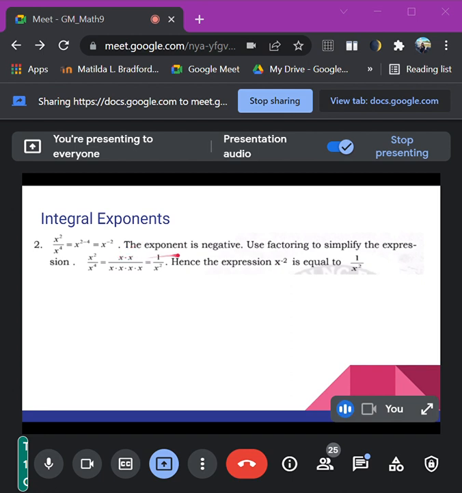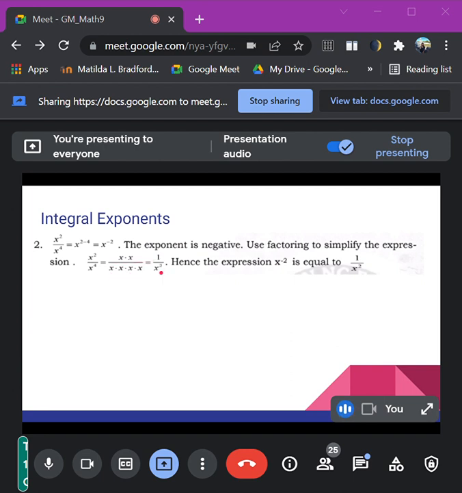If the exponent is negative, we can also use factoring to simplify the expression. If you factor, x raised to 2 is x times x, and x raised to 4 is x times x times x times x. If we cancel, what remains on top is 1, and what remains at the bottom is two x's.